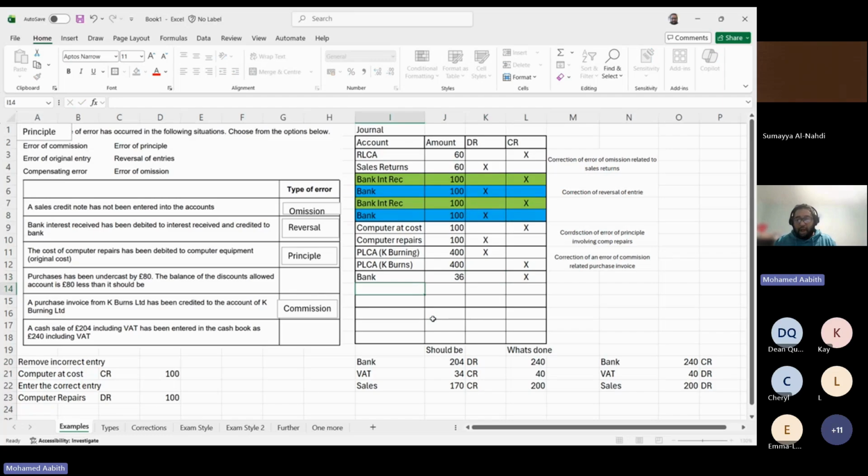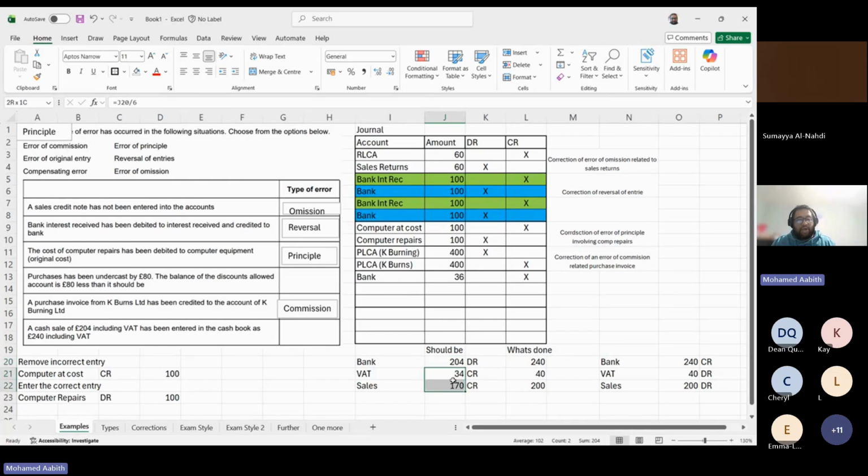From 240, we're crediting £36 on that account. Therefore, it will bring the number back to £204. You're basically reducing the balance there. If they put a number below that, we need to put something on the debit side to increase it. But in this scenario, because we already posted too much, we had to put that on the credit side to remove it.